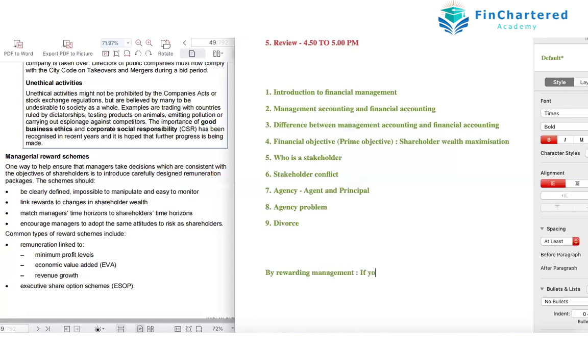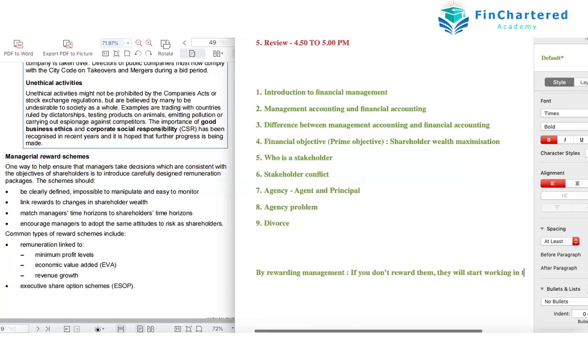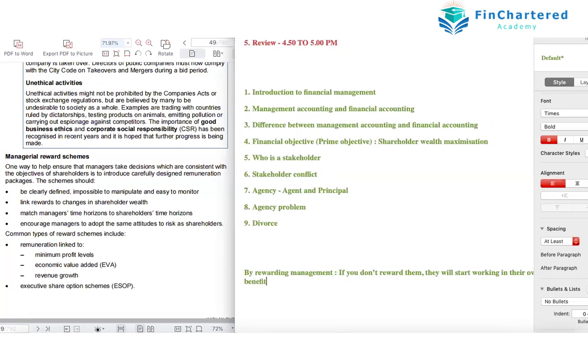If you don't reward them, they will start working in their own benefit. But what you should do is make a reward system that rewards them if they achieve your goals.